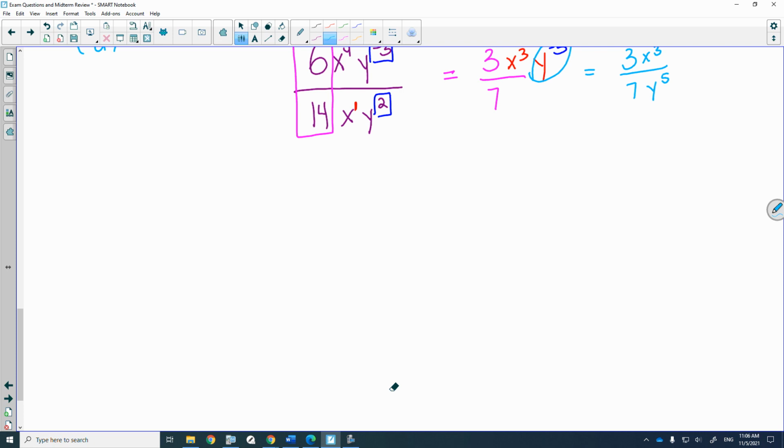Okay. What would this be? You cannot have negative exponents. You cannot have fractional exponents. If it's negative, we reciprocate. If it's fractional, you turn it into a radical and you use flower power.